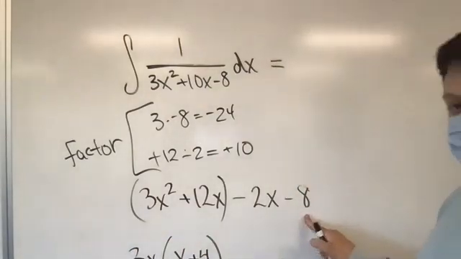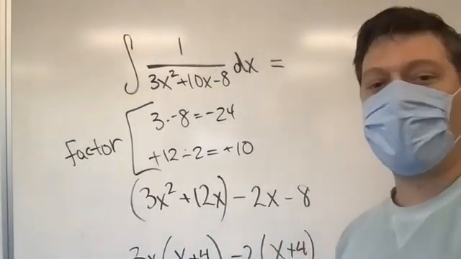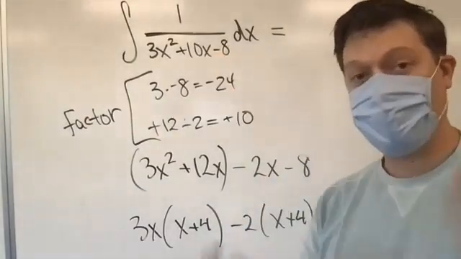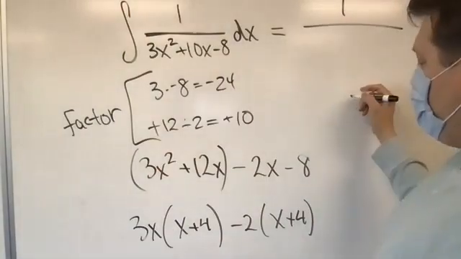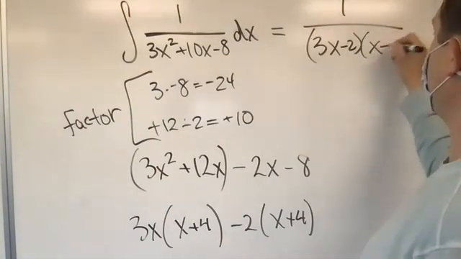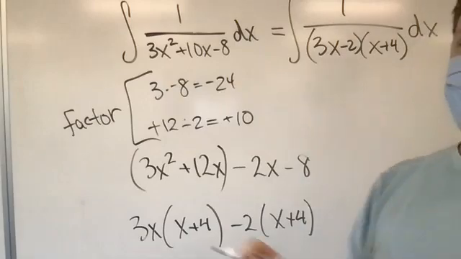Here we have a common factor of minus 2, leaving x plus 4. In other words, that quadratic will factor into this structure: 1 over (3x minus 2) times (x plus 4), and the integral therein.